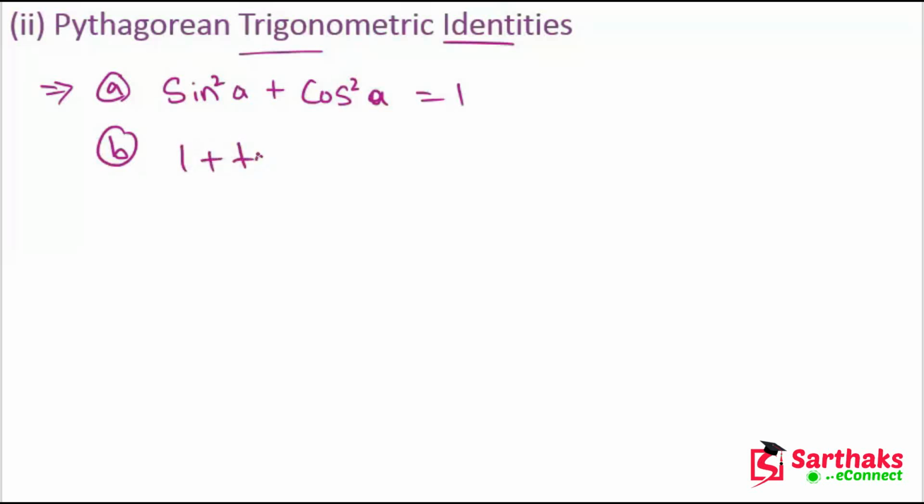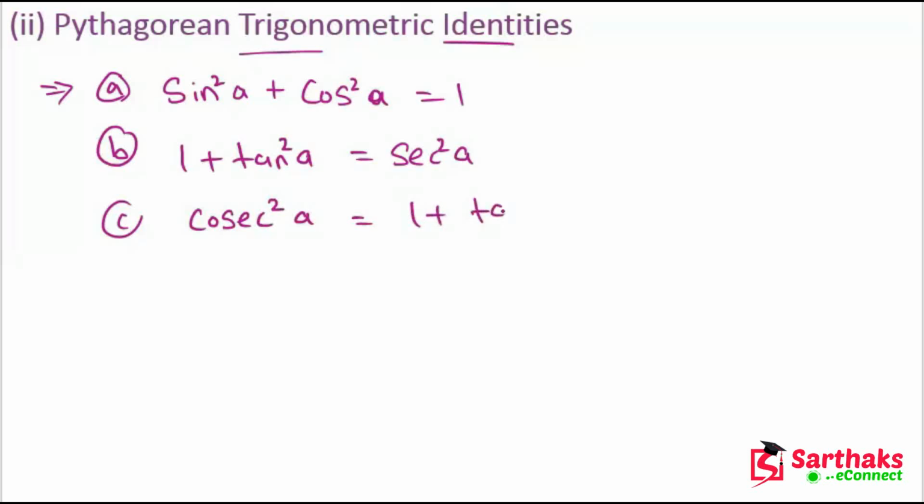1 plus tan square A, this is a very important identity, so you have to listen very carefully, is equal to sec square A. C part is cosec square A is equal to 1 plus cot square A. So my dear friends, these identities are very important.